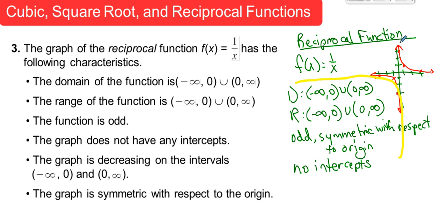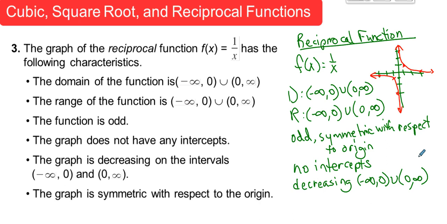And then it hops up to positive infinity, and it's still decreasing, decreasing, decreasing, ever so slowly as it goes out that way. So it is decreasing from negative infinity to 0, union with 0 to infinity. So over its whole domain, it is decreasing as we go.